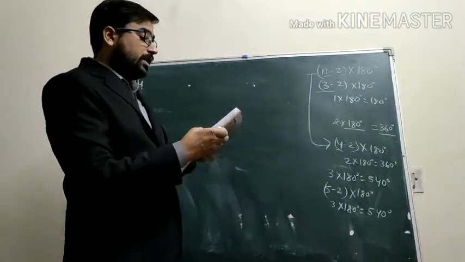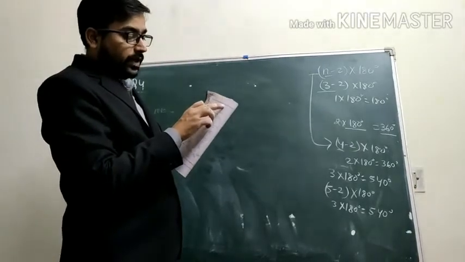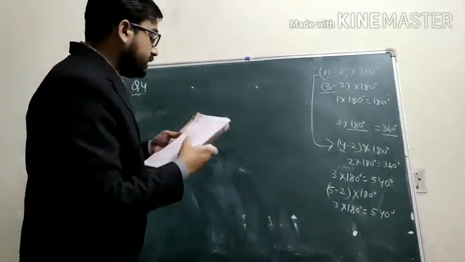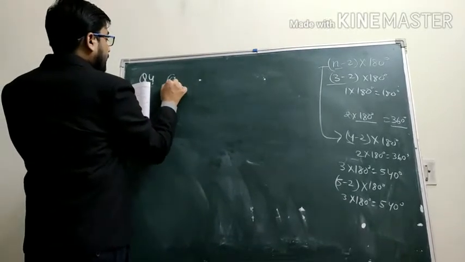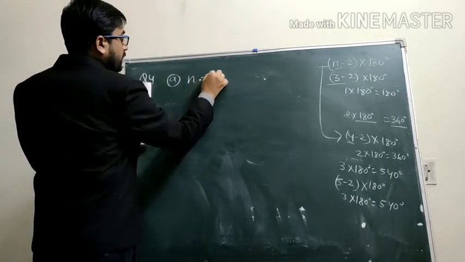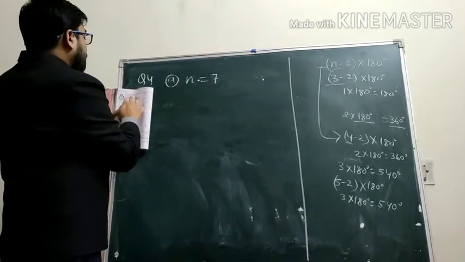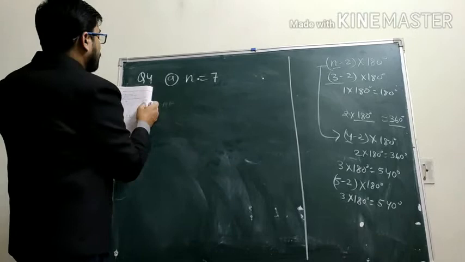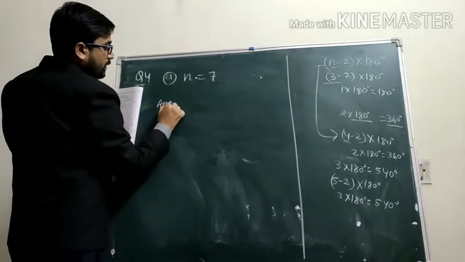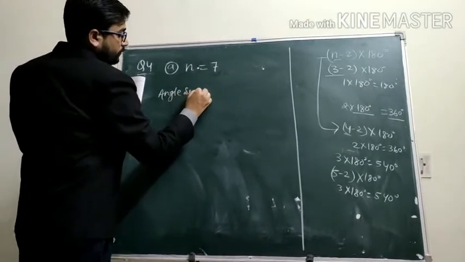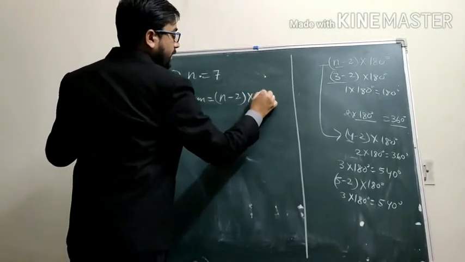Now the question is, what can you say about the angle sum of a convex polygon with the number of sides given? Number of sides is given, n equals 7 in the first question. How can you find the sum of the convex polygon's angles? Angle sum is equal to n minus 2 into 180 degrees.